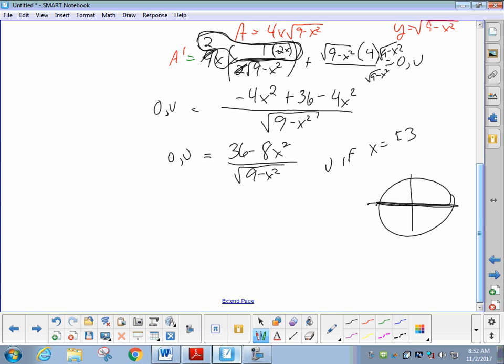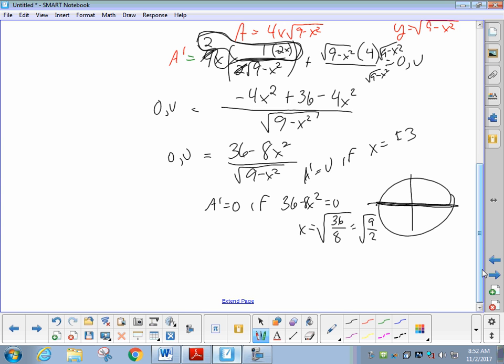That's a minimum area. That's not a good thing. Now, A prime equals 0 if the numerator equals 0, right? That's at x equals the square root of 36 over 8, or take a 4 out, maybe square root of 9/2, and that's fine with me if you leave it like that.